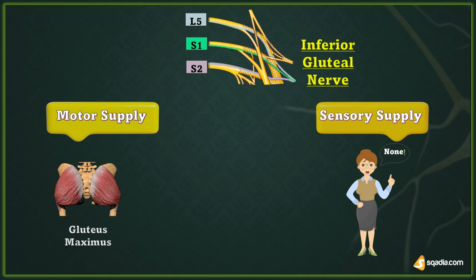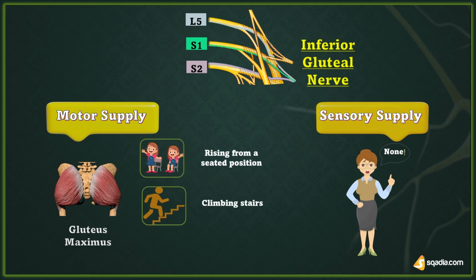Because the gluteus maximus is an anti-gravity muscle, it is essential for actions that require elevating the body against gravity. It is particularly important for movements such as rising from a seated position, climbing stairs, and running.